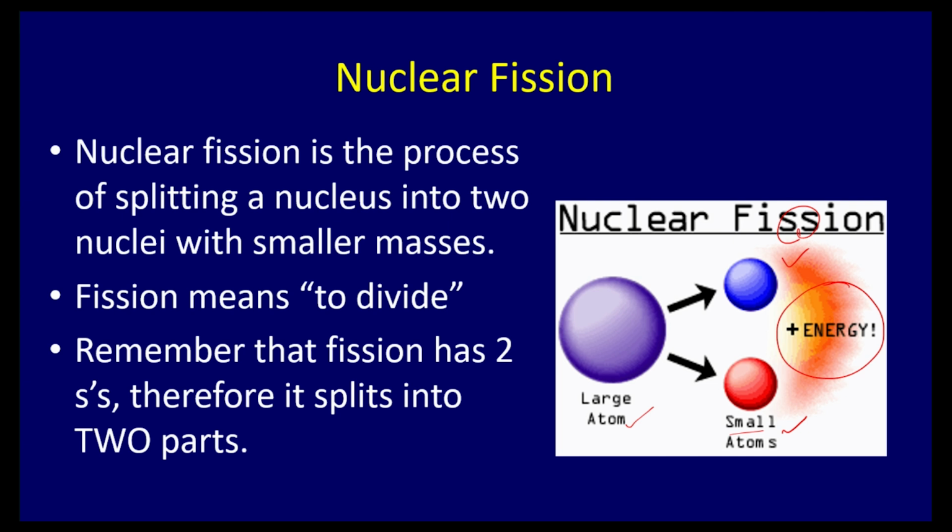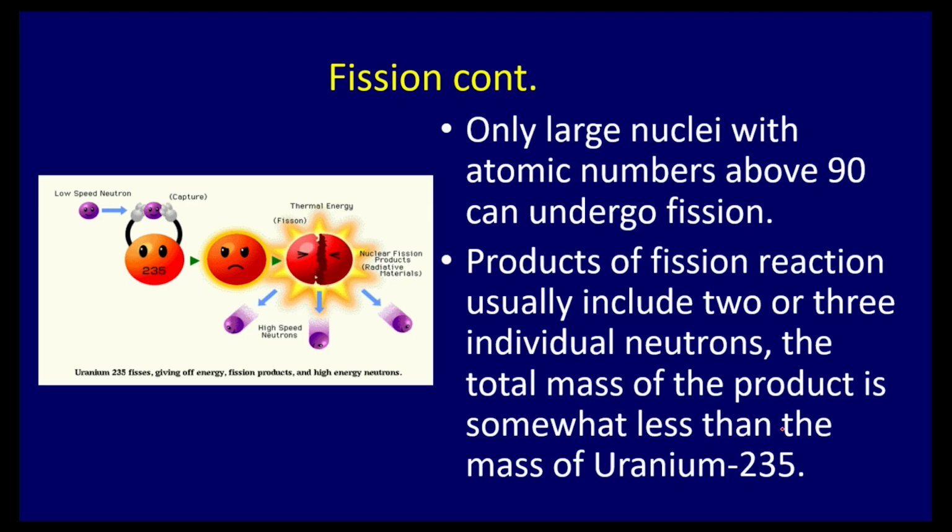So that you don't confuse fission and fusion: fission means divide, two S's, small atom 1, small atom 2, so splitting. When it splits, the energy is released, and that energy is utilized for peaceful purposes.